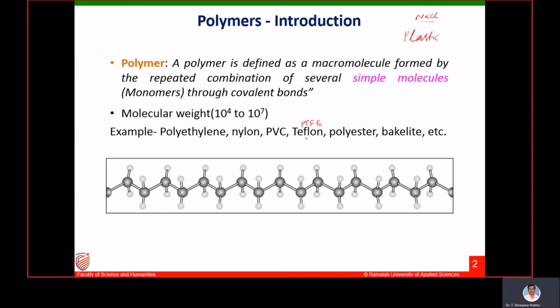This polymer we use as a coating material on pans at home, the PTFE coating. Similarly, Teflon coating is also there on iron boxes used for pressing, hot pressing the glass. So Teflon is used as a coating material.